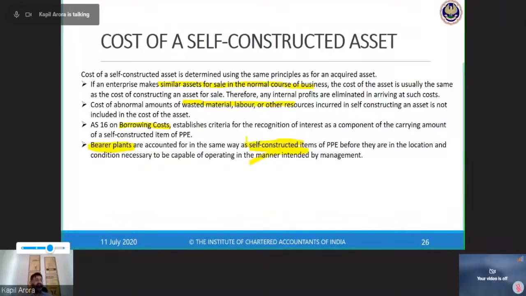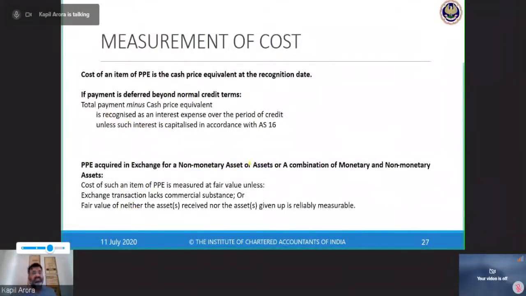Whatever cost we have incurred to bring them to a certain level where they can start producing the agricultural produce, mangoes, apples and everything, that would become part of the cost of the asset. That will be the cost of the bearer plant. I hope everybody is clear up to this particular point.